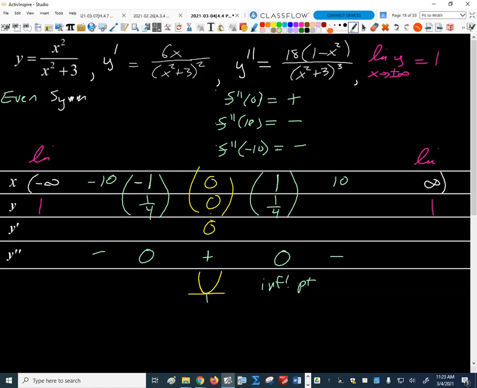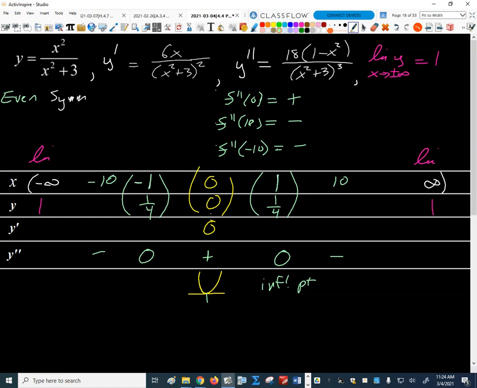Everything in the y row and the y double prime row has to look the same. The concavities have to be the same, don't they? If it's concave up to the right of the y-axis, it has to be concave up to the left of the y-axis also. So we could kind of finesse our way through that. Do you have to? No, you don't. You can just fill in the table and not even use the symmetry if you don't want to, but it's there.